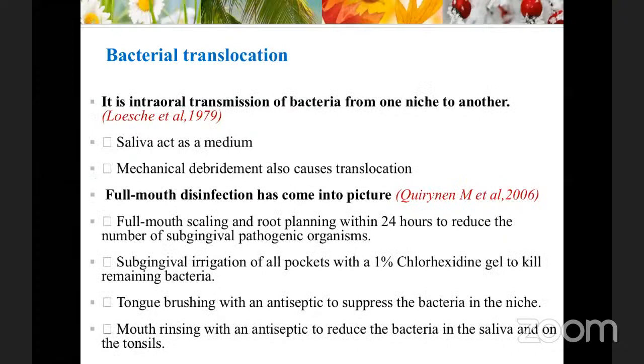Saliva can act as a medium for this translocation. So full mouth disinfection has come into the picture: full mouth scaling and root planing within 24 hours to reduce the number of subgingival pathogenic organisms, subgingival irrigation of all pockets with 1% chlorhexidine, tongue brushing with an antiseptic, and mouth rinsing with an antiseptic.